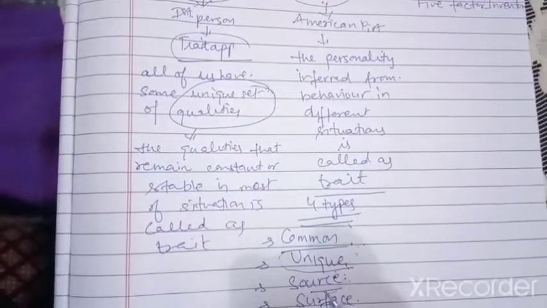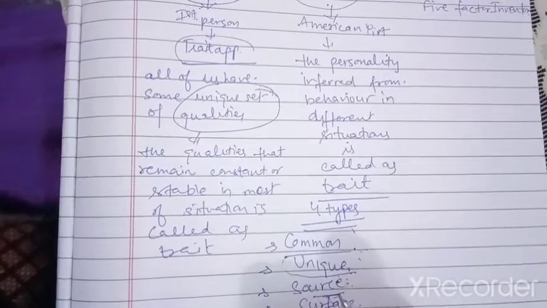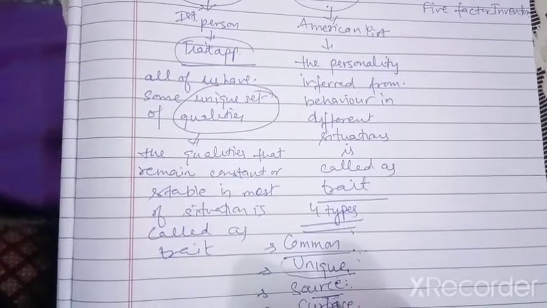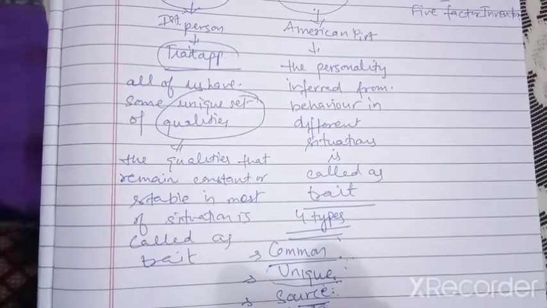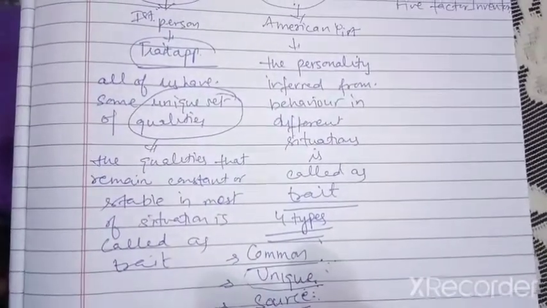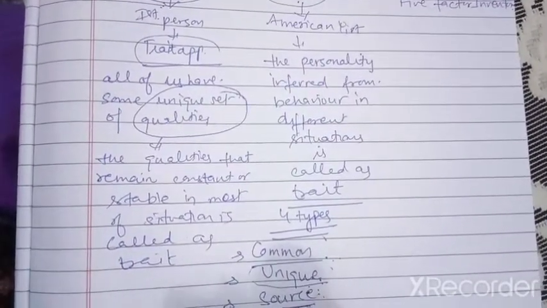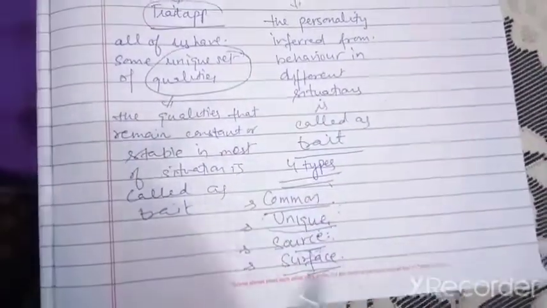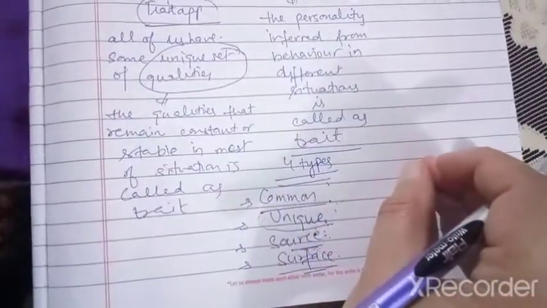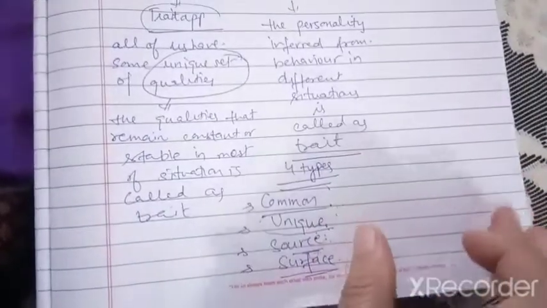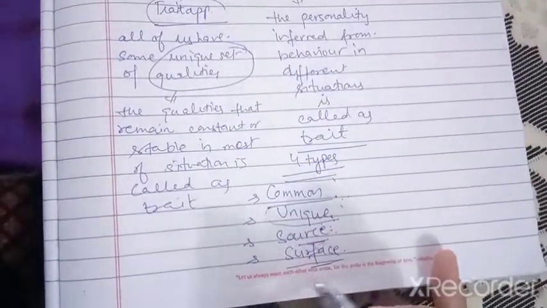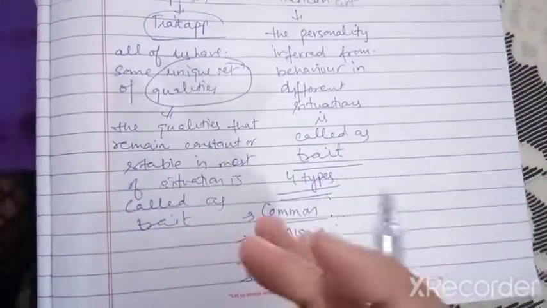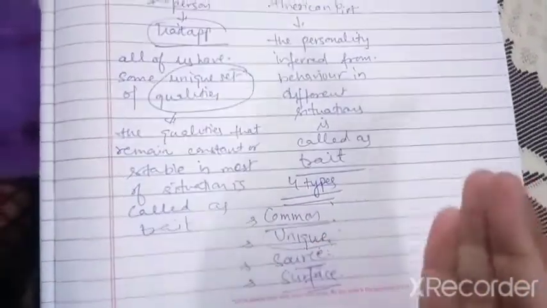If I need to find the source traits in a person, I must apply some personality test on that person's behavior. Surface traits means the traits which are on the surface; if I see that person, I'll be able to say this person is like this, I can feel it in the person's personality. So this is all about Cattell.